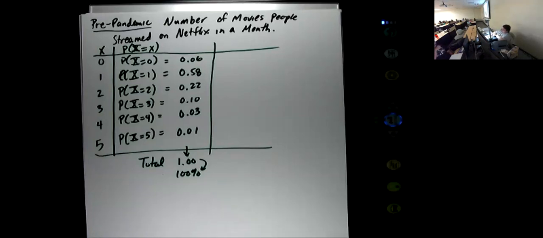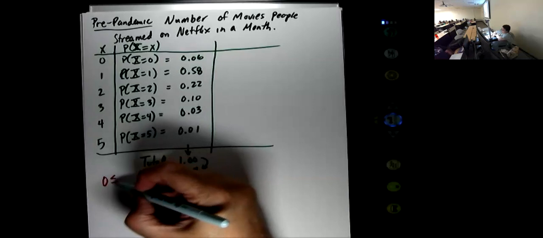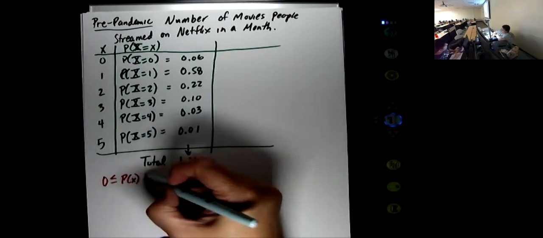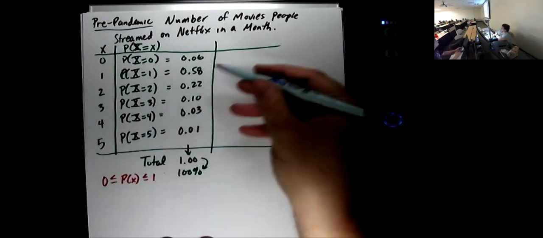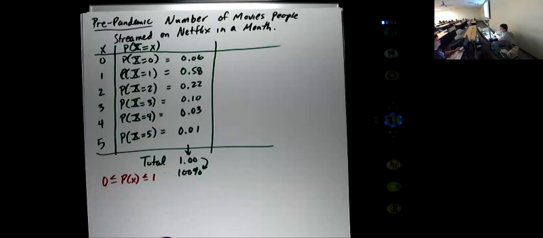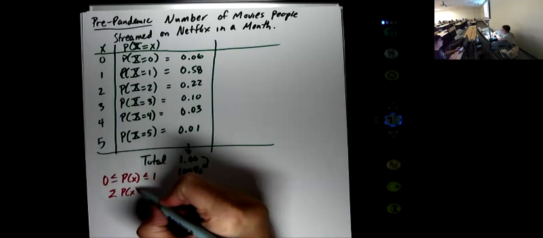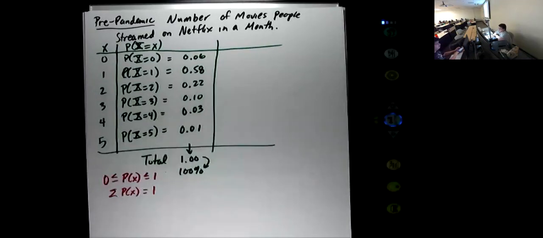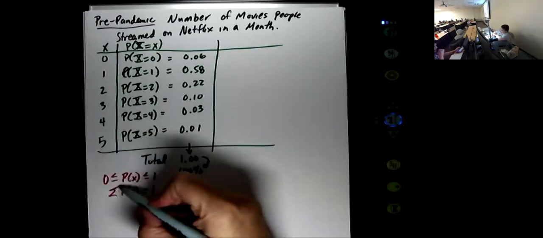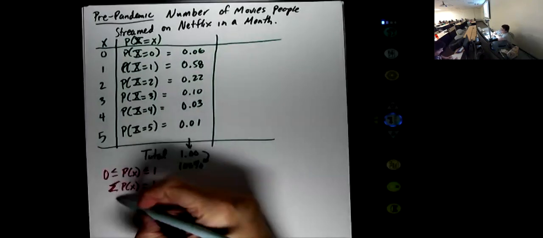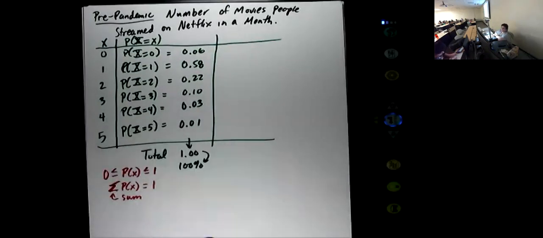Probabilities had to be between 0 and 1. All of these are. And the sum of the probabilities had to equal 1. So that's what my big sigma means, sum, as a reminder.